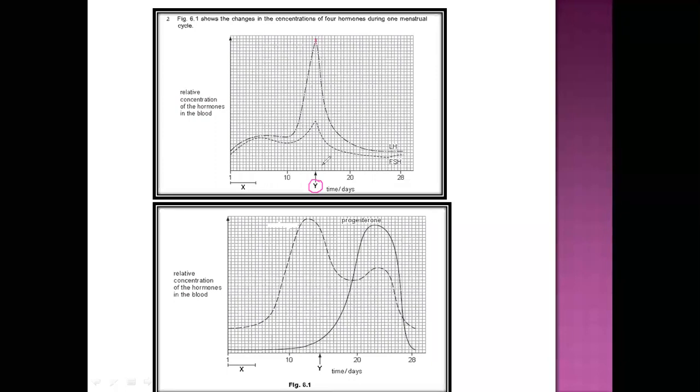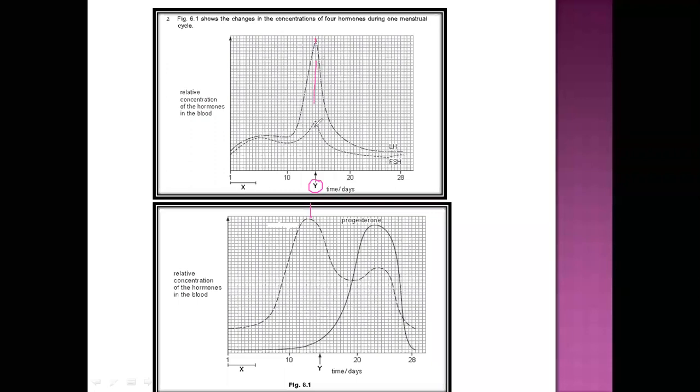Now we can also see two other hormones here. One they mentioned as estrogen, and another as progesterone. I told you in the lecture that when estrogen reaches a high level before ovulation, it also stimulates LH hormone.